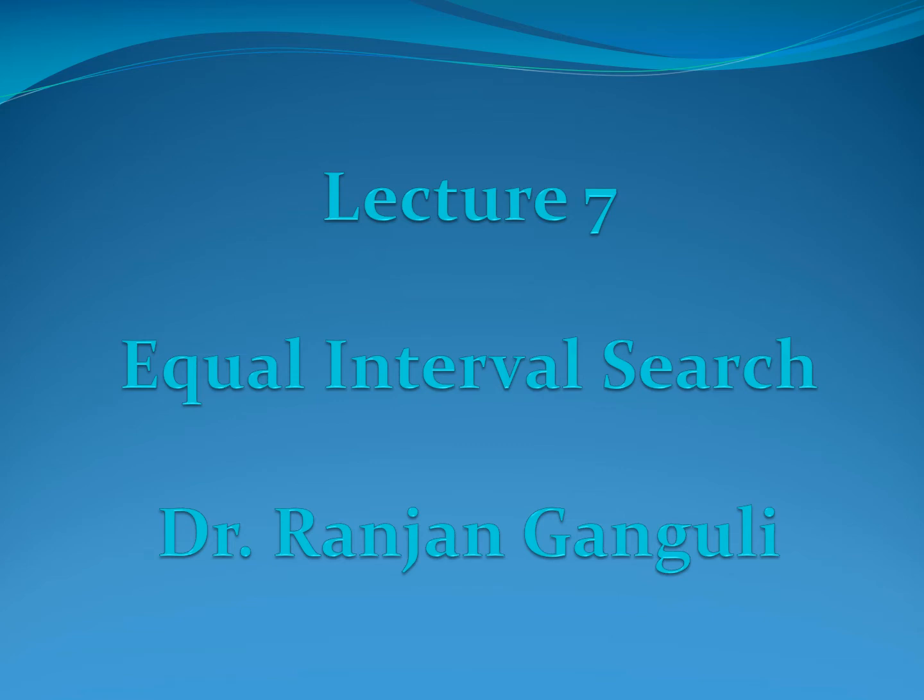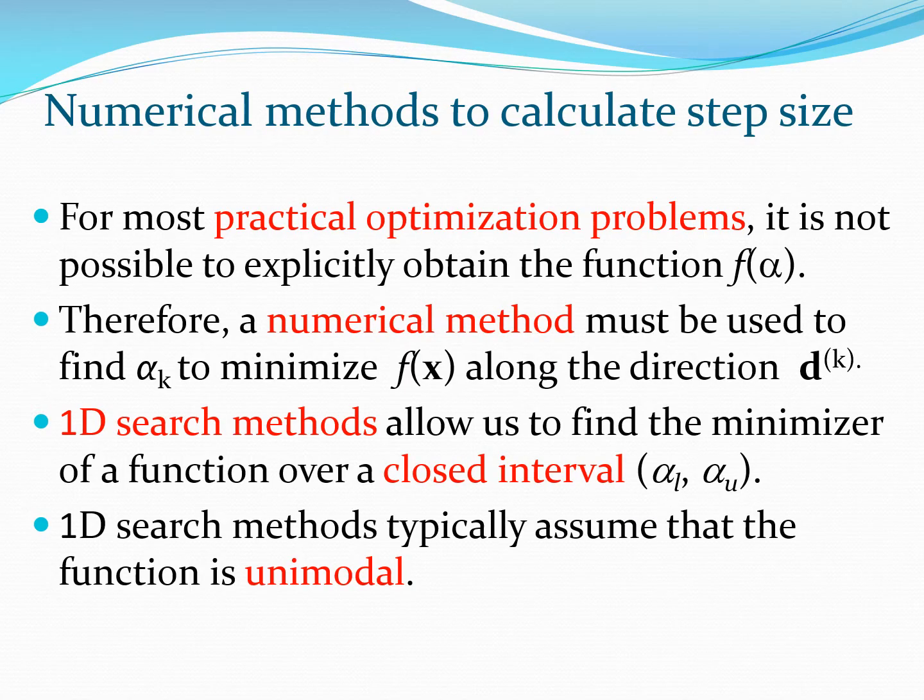So today we are going to start lecture 7, and this is the first of the one-dimensional search methods. Like we discussed before, for most practical optimization problems, you do not have an explicit function f of alpha.